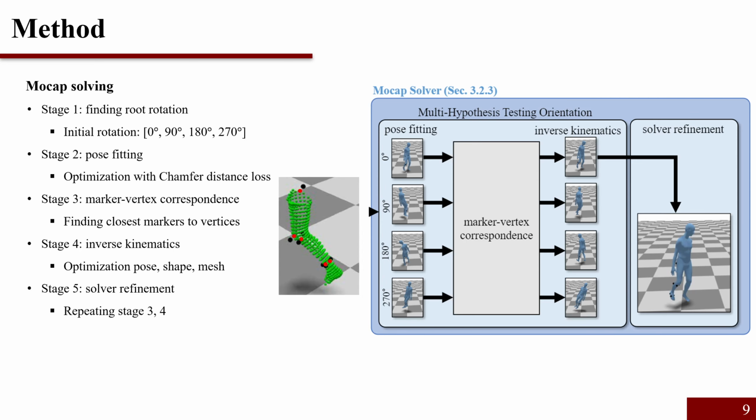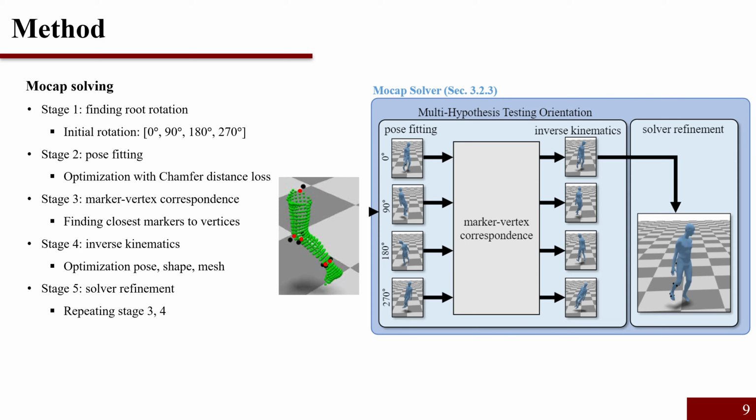Stage 3 is called marker vertex correspondence. In this stage, it finds the vertex of the optimized SMPL mesh with the closest average distance to the marker over the entire sequence.